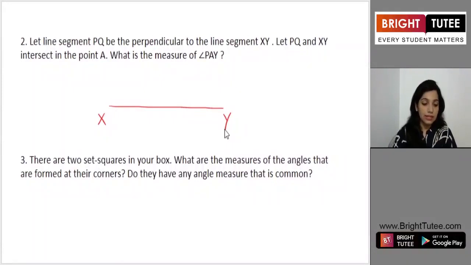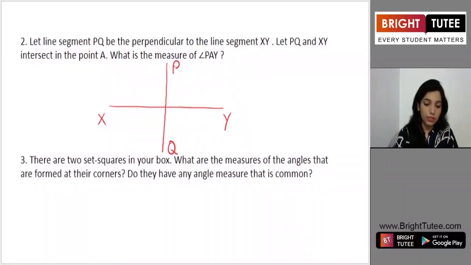Now, let us see how we can draw the line segment PQ. Here it says that line segment PQ, let's say this point is P and this point here is Q. This is perpendicular to the line segment XY. Let PQ and XY intersect at point A. So this point of intersection is A. They are asking us what is the measure of angle PAY, this particular angle.